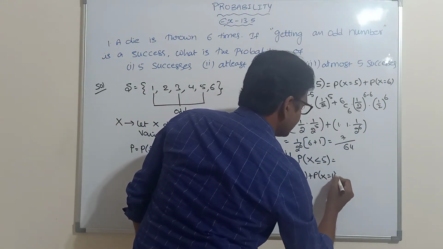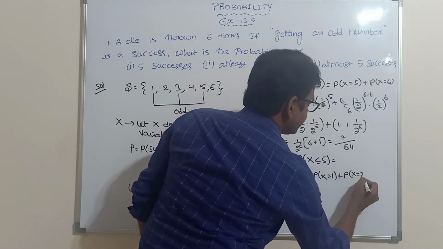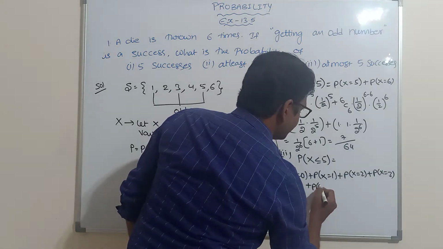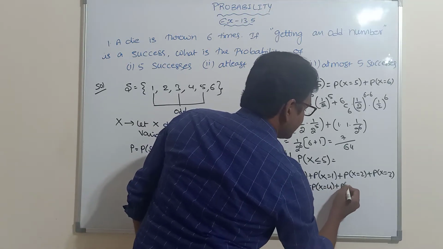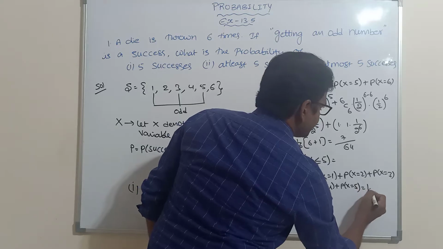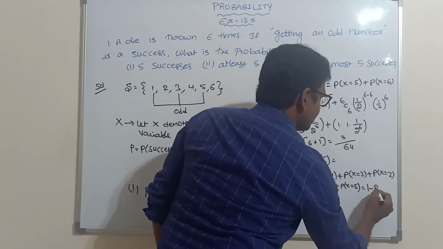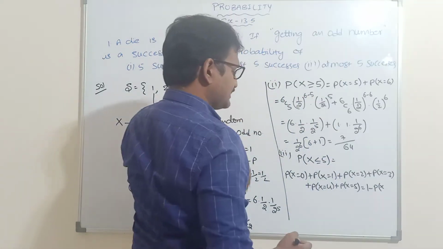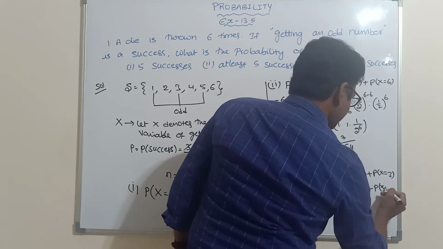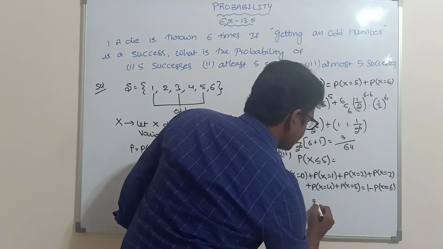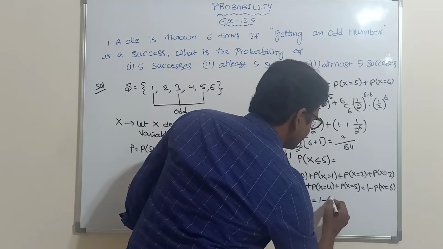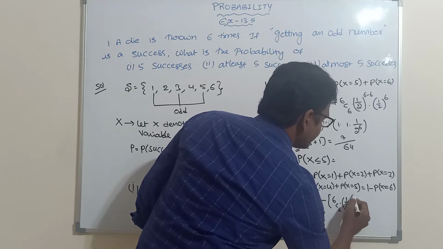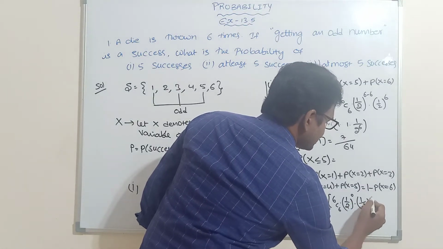Otherwise, I will write it like this: P of x equal to 1 plus P of x equal to 2 plus P of x equal to 3 plus P of x equal to 4 plus P of x equal to 5, or this is also equal to 1 minus P of x equal to 6. 1 minus P of x equal to 6 is 6c6 into (1 by 2) power 0 into (1 by 2) power 6.